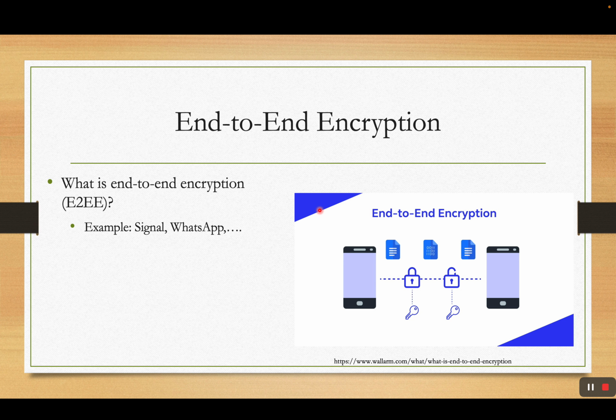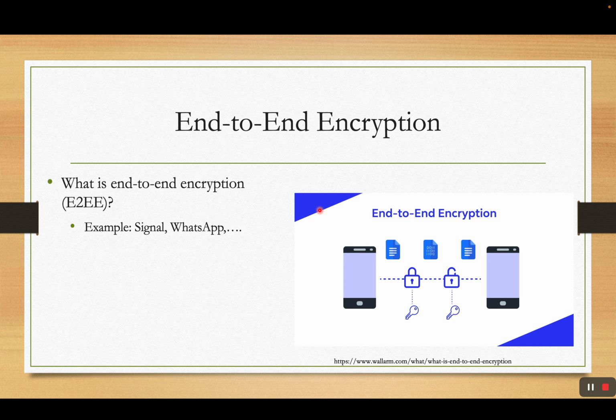Now, the encryption keys used to encrypt and decrypt the message are generated and managed only by the sender and the recipient, and are never shared with anyone else, including the service provider that is facilitating the communication.